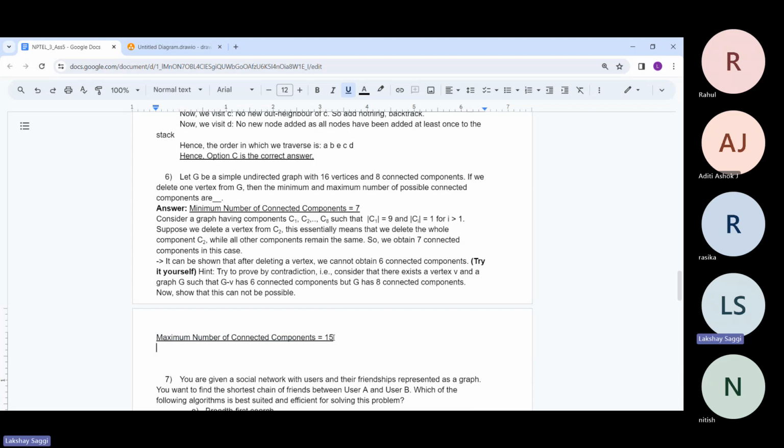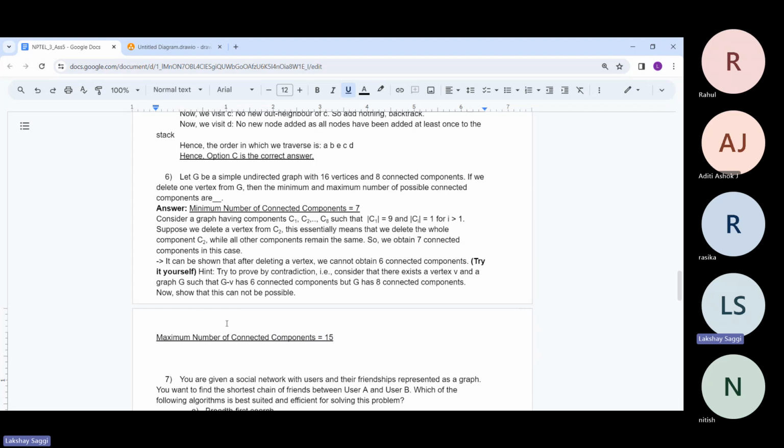And why will this be the case? Again, we'll have to show two things. For maximality, we'll have to show there exists an example in which we have 15 components, and we'll also have to show that there exists no example in which there will be more than 15 components. First we'll prove the second thing.